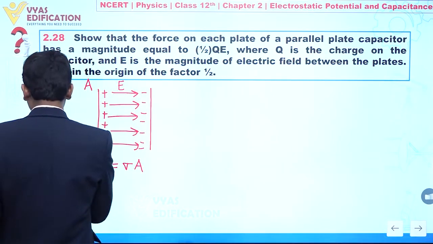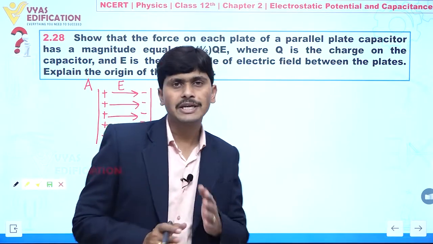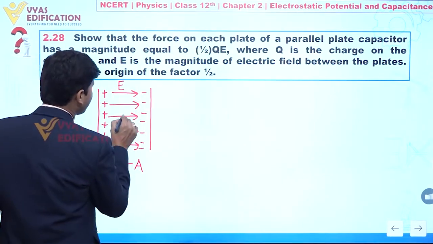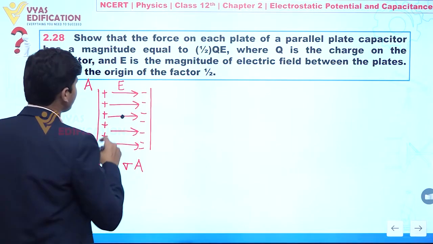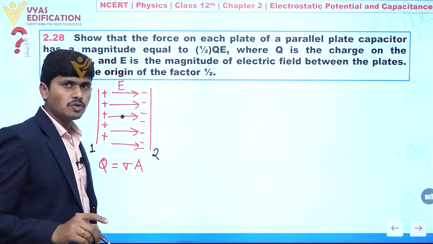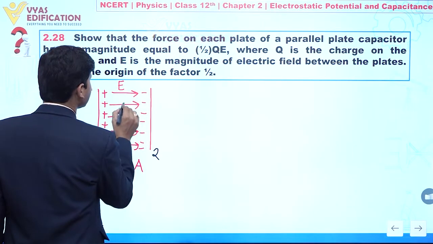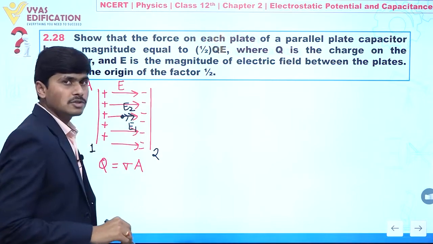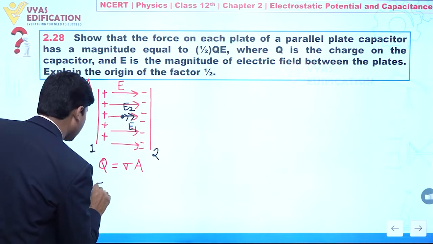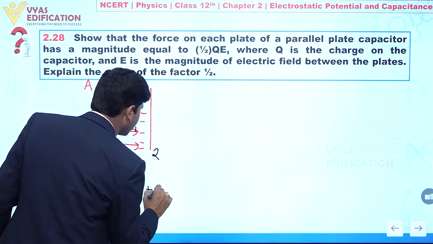Now if we find the value of the electric field between these two parallel plates, let's suppose we want to find the electric field at this point. Let's suppose these are plates 1 and 2. Due to 1 we have an electric field in this direction, that is E1, and this is E2. So we can write E net is given by E1 plus E2.